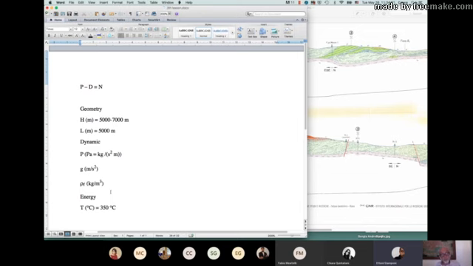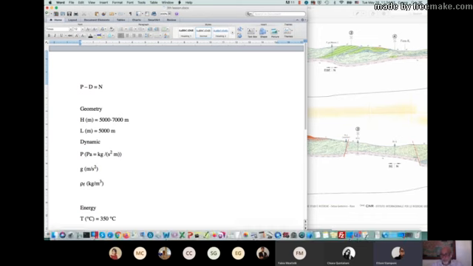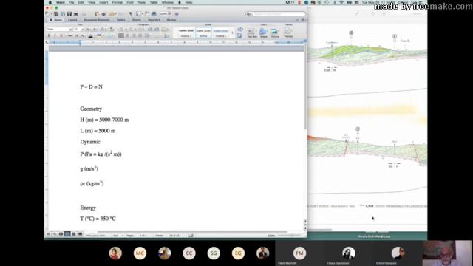Density of the fluid, because it's the fluid that is going to be moving around, all right? What else? Do you think this is sufficient or not?